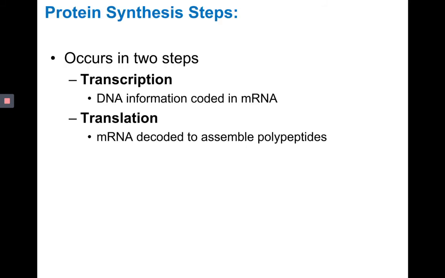Now there are two processes for creating a protein. So the first step, we have to go from DNA to RNA. We have to convert our DNA blueprint into an RNA message. To do that, it's called transcription, because they're both going to be nucleic acids. So if you're taking notes, and I'm speaking in English, you'll be writing notes in the same language that I'm speaking.